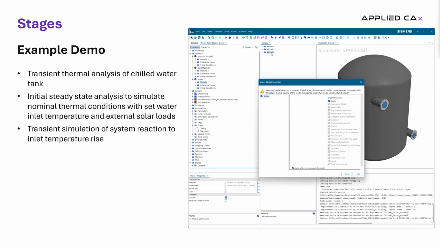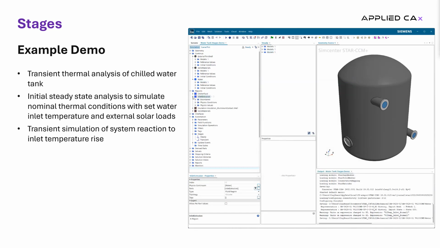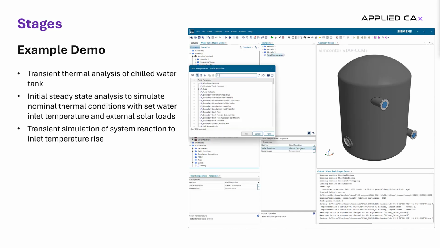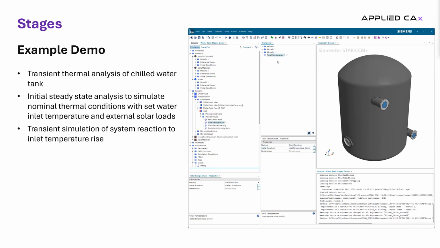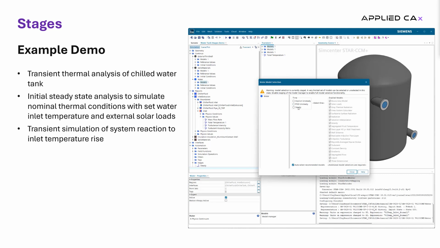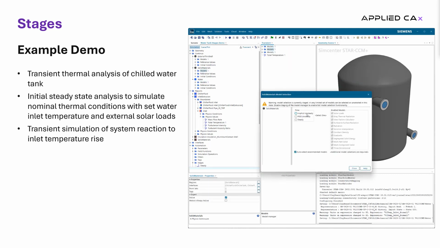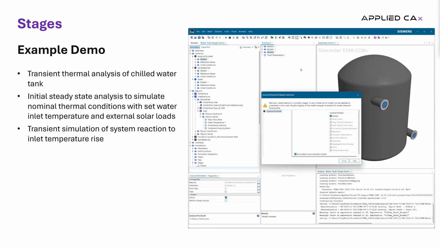Now that we've ensured they are defined at the steady time domain, we will go and grab the inlet temperature for the inlet node. We want that to be a constant inlet temperature at the nominal temperature. For the transient stage, we're going to switch this to a field function that ramps the inlet temperature. We're also going to go back to all the physics models that we have defined and switch the time domain from steady to implicit unsteady.